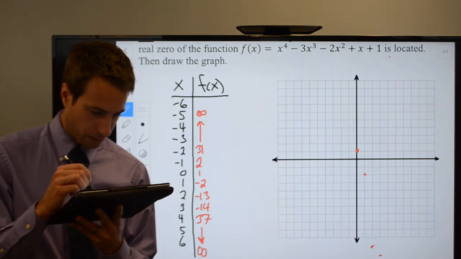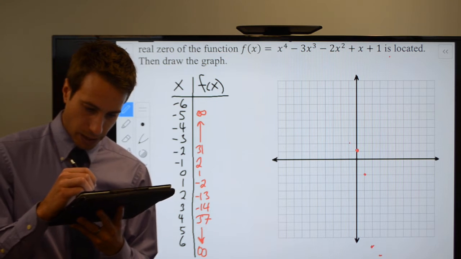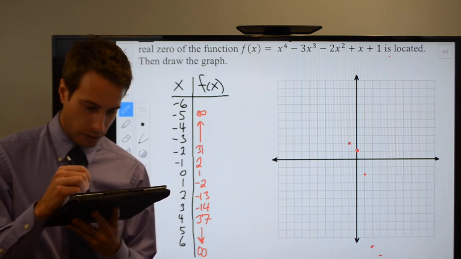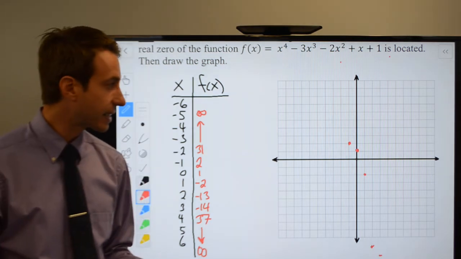Negative 1 is at a positive 2. And then 2 is way up here somewhere. All right, so here's what I've got. I'm going to connect these dots.